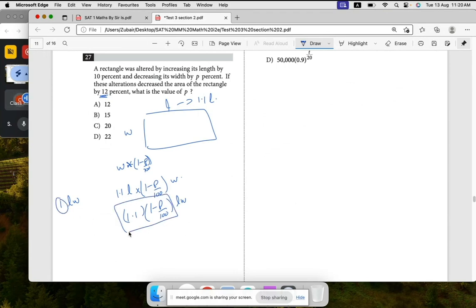Decreasing by 12% would mean that this is 0.88. 1.1 into 1 minus p by 100 is equal to 0.88. 0.88 divided by 1.1 gives me 4 by 5. So 1 minus 0.8 is equal to p by 100. 0.2 is p by 100. So that's 20%.